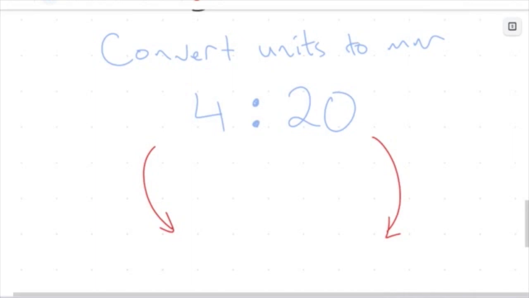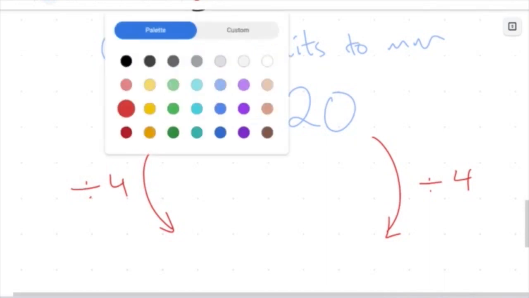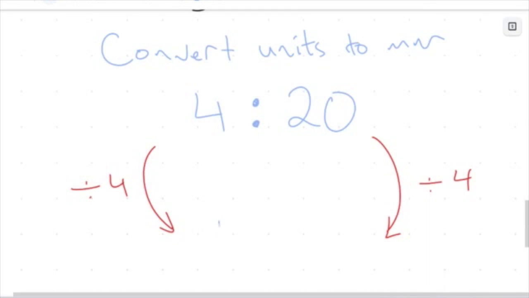Well, 4 goes into both of these. So I'm going to divide both sides of my ratio by 4. And I get left with 1 here. And I get left with 5 here.